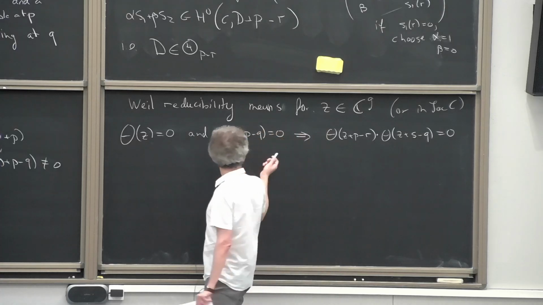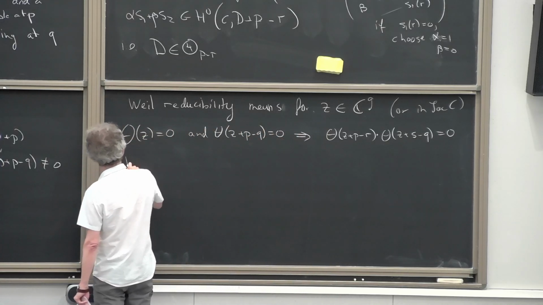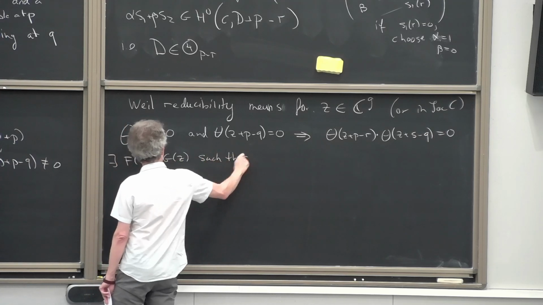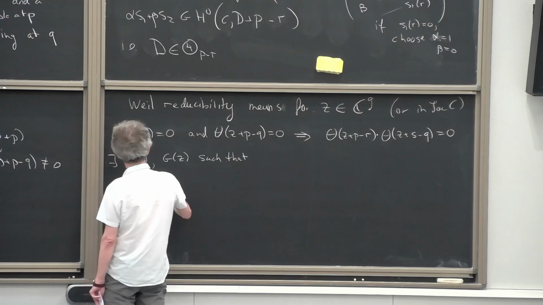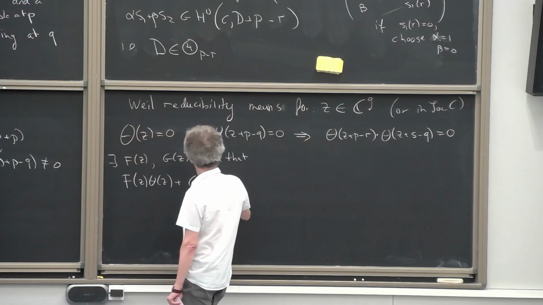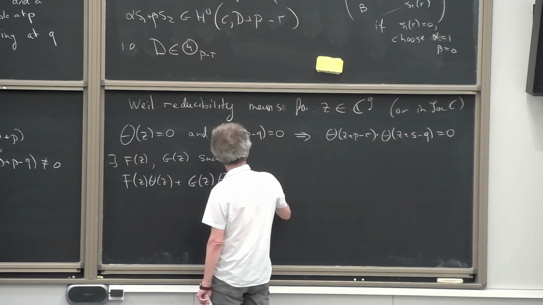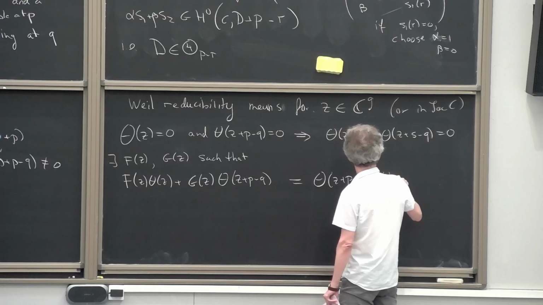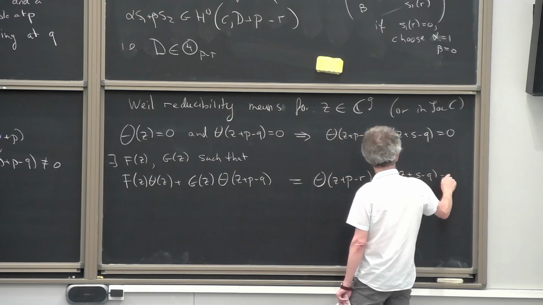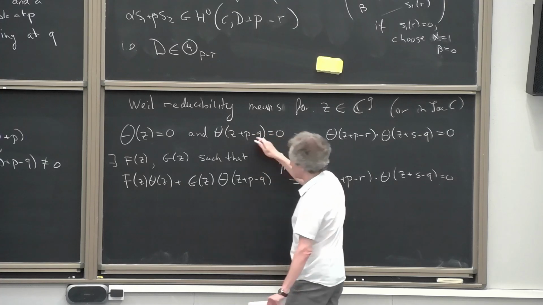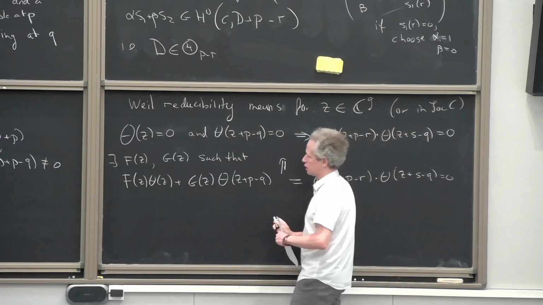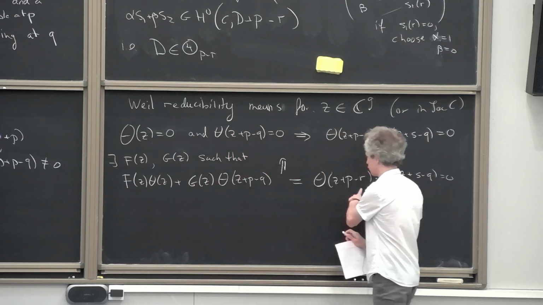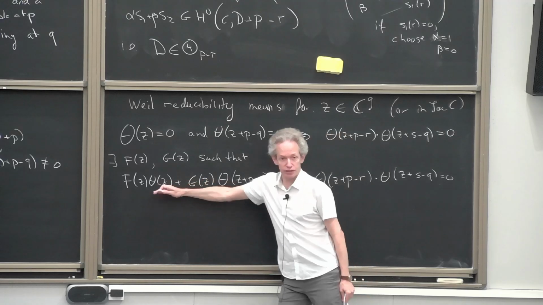So one way for this to happen is if there exist functions f of z and g of z such that f of z times theta of z plus g of z times theta of z plus p minus q is equal to this. Then this would certainly imply that statement, right? If I have an equation that says such a combination of these two functions with some function coefficients is equal to that, then of course if this vanishes and that vanishes, this better vanish, right?